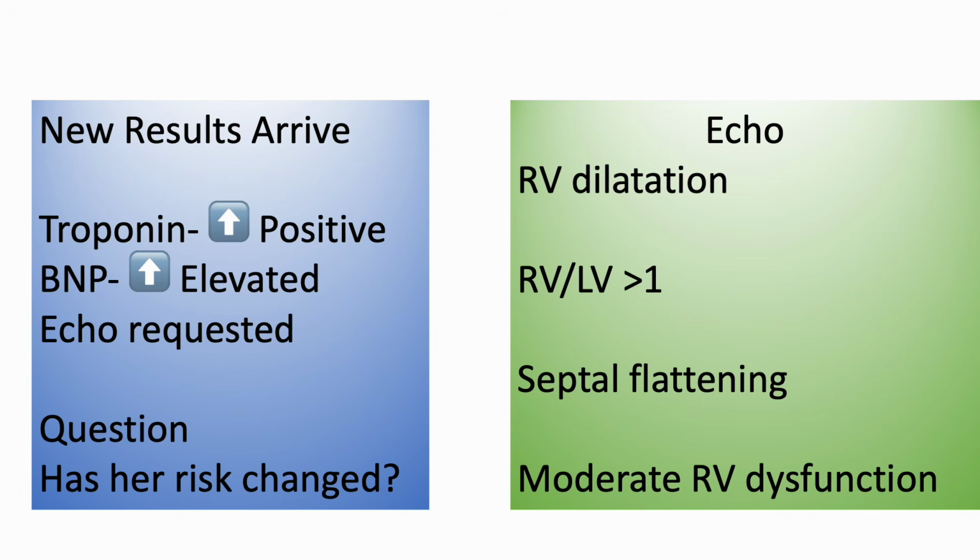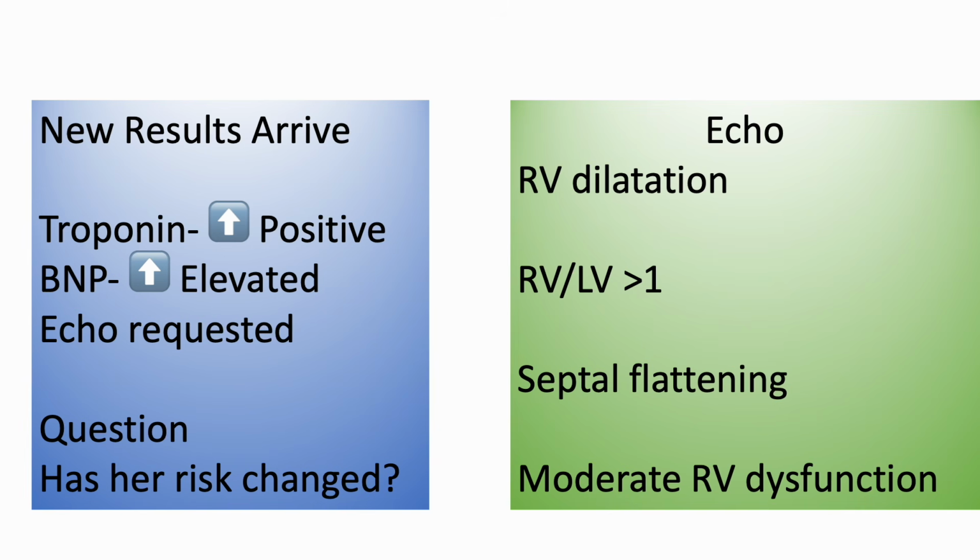Now, for our patient who did not have shock but was symptomatic, you probably would have placed her in category C. When you look at category C, you will remember that we are talking about RV dysfunction and we are talking about biomarkers. So let's look at her results.